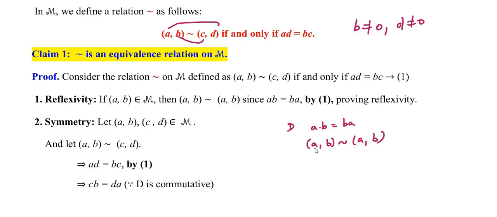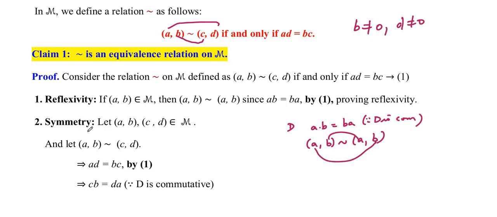Why? ab is equal to ba because D is commutative, so we have a·b equal to b·a, and therefore this is true. Because this is true, your relation is reflexive. So this proves the reflexivity.